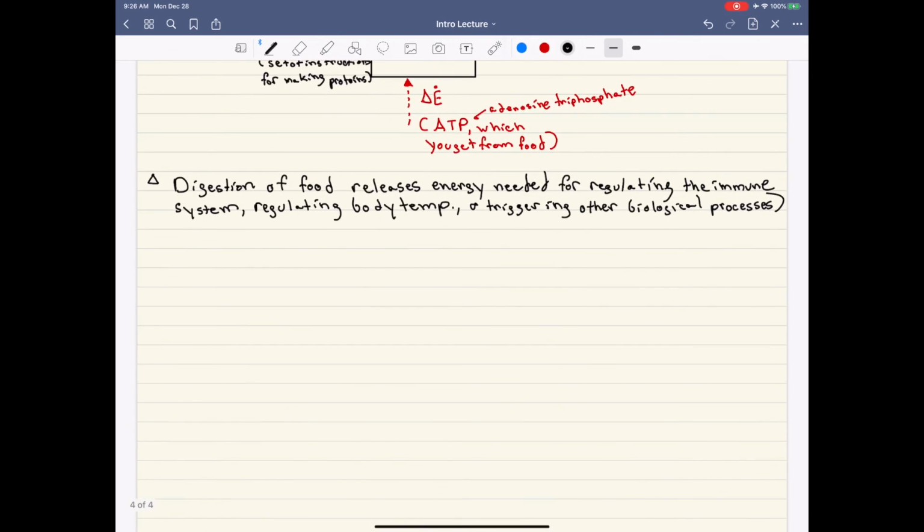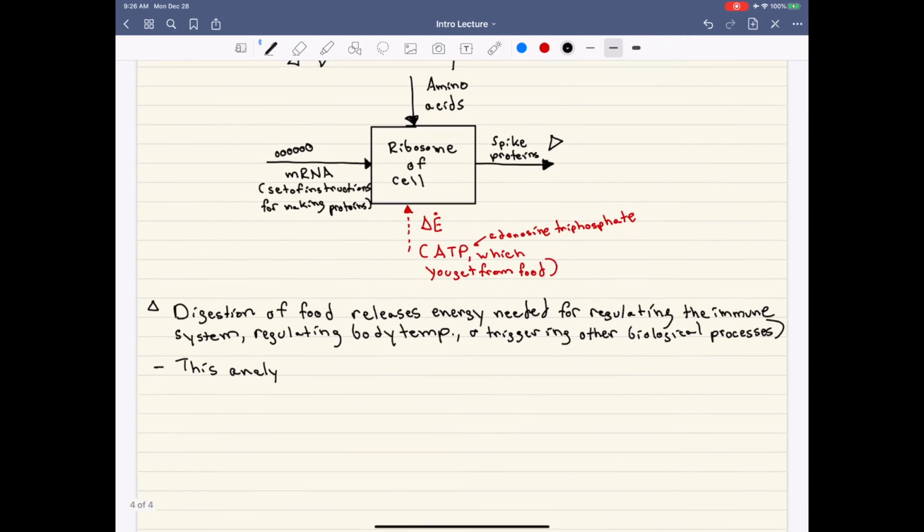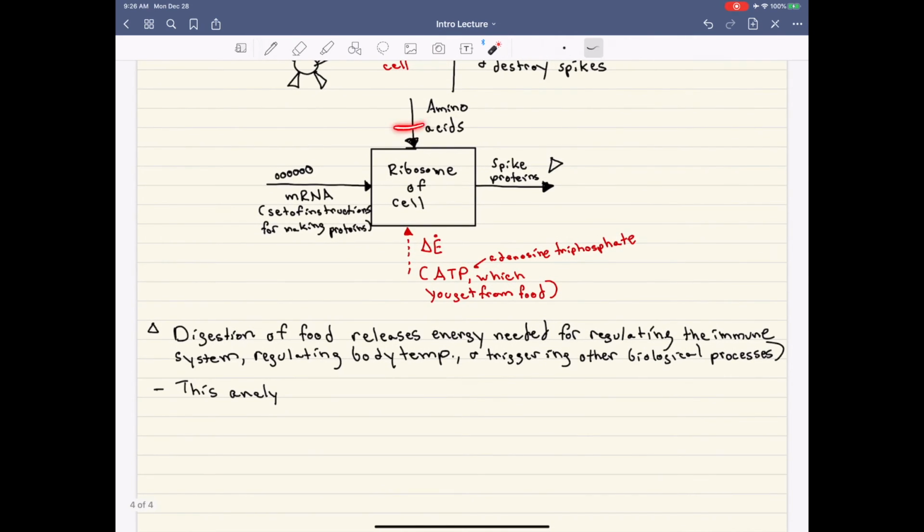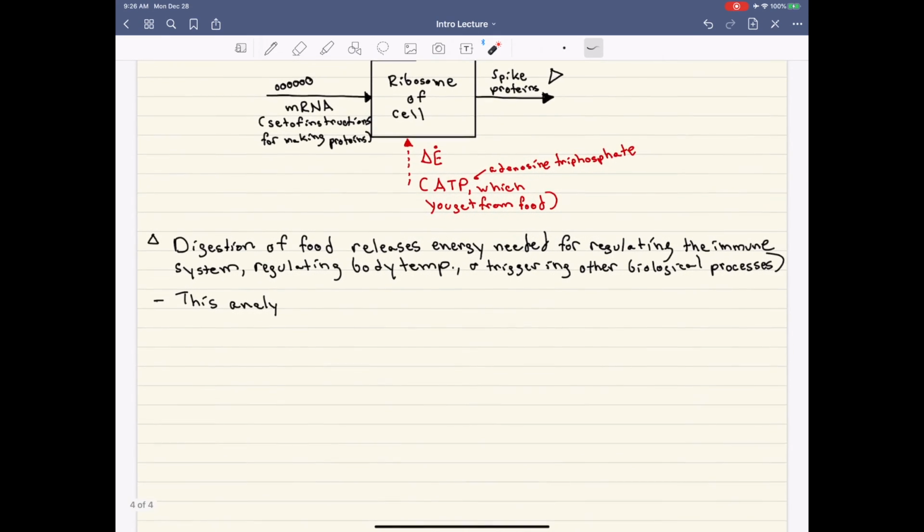But the analytical framework that I've presented, both in the combustion of methane example and also in this vaccine example, is a very general framework. Basically, I drew boxes each time and then drew arrows to represent the different things that were going in and out of those boxes.